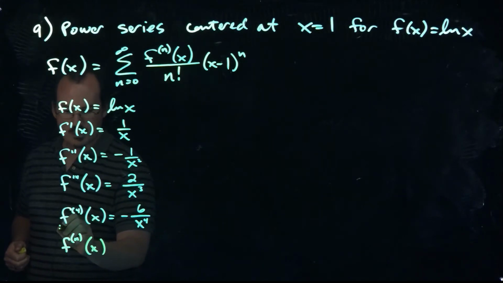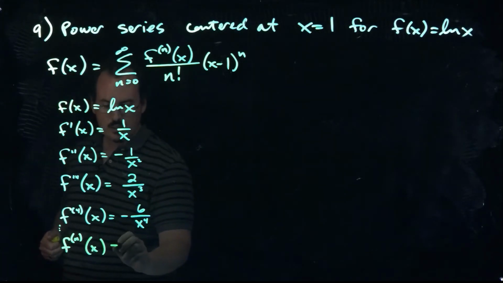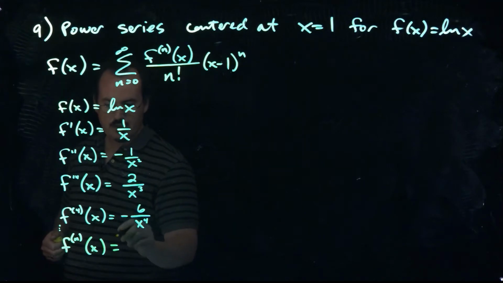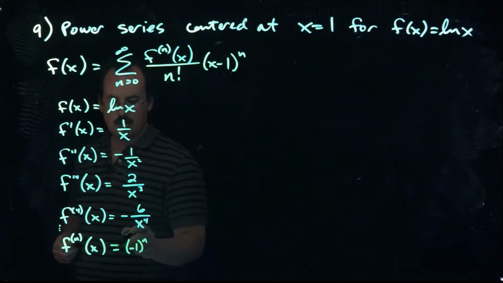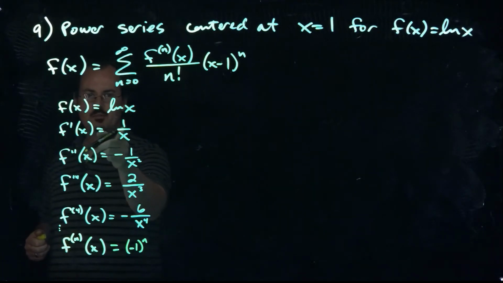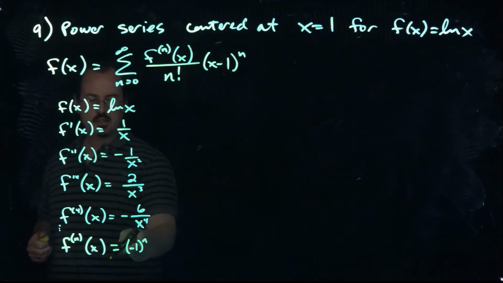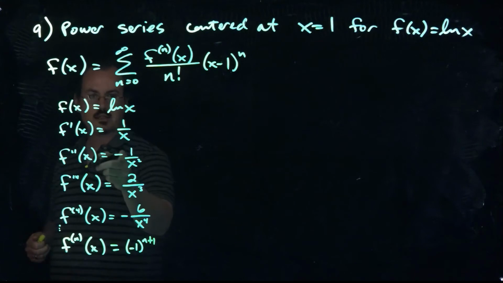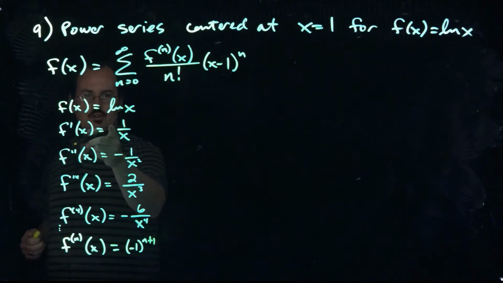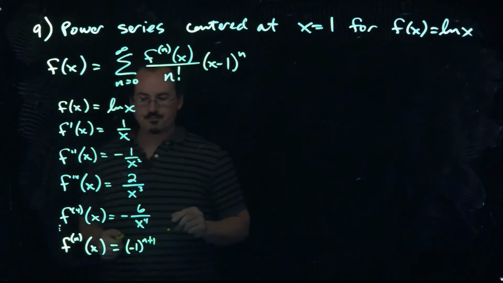put a sort of dot dot dot here to say we'll continue this, it would be, we have the alternating positive and negative terms, so we're going to have a minus 1 to the n, and then again look at the first derivative, it's positive, second derivative is negative. Nth power is going to make the first derivative, let's see, if I have a 1 in there, it'll be negative, right? But that's positive, so I need to make this n plus 1 so that I can account for the first term being positive, second one being negative.